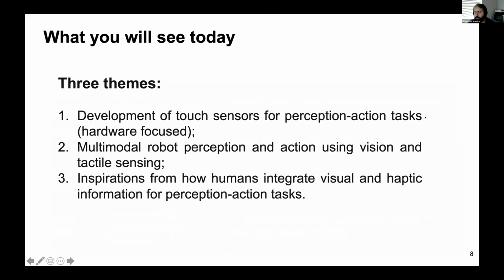Maybe I can say a couple of words about this. I think it's a very interesting question. Something that I would like to see in the years to come is maybe a standardization of the field. If I think about touch sensing, the closest similarity is, I guess, vision.